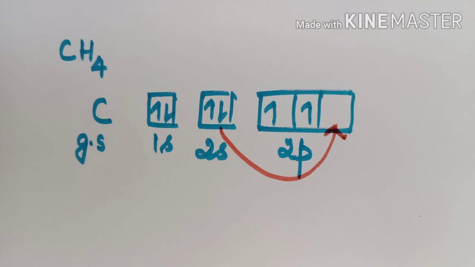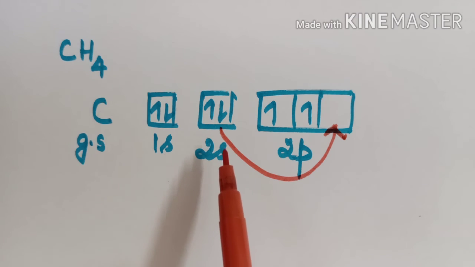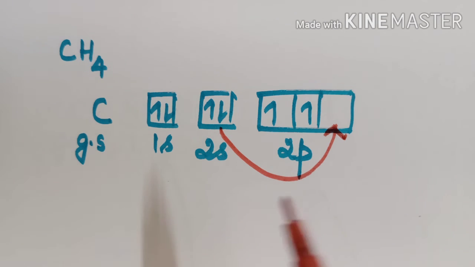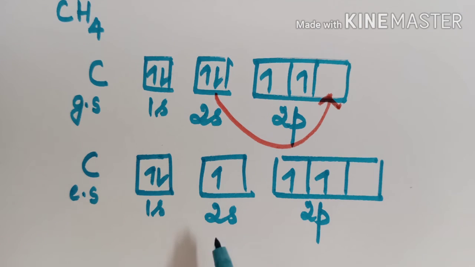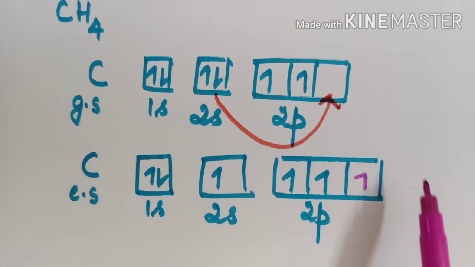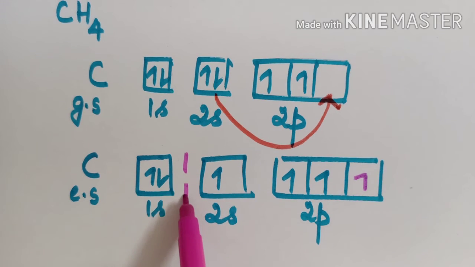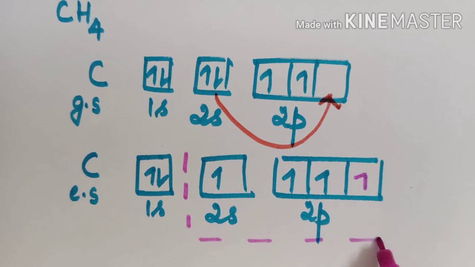So the paired electron from the 2s orbital is promoted to the vacant 2p orbital, which creates 4 unpaired electrons, and that leads to the excited state 1s2, 2s1, 2p3. So the promoted electron, I am showing it in a different color.